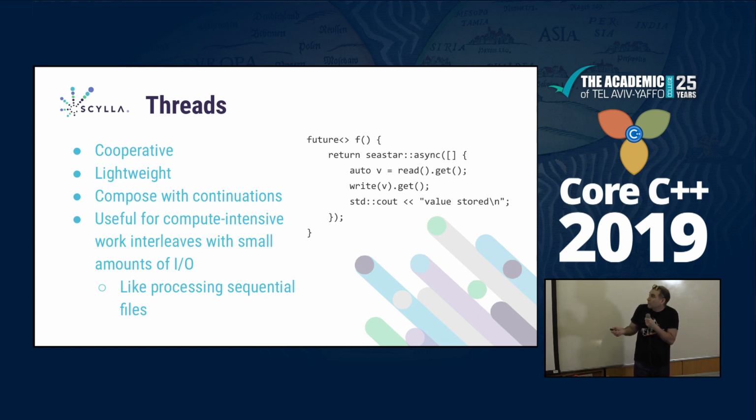And what get will do is pause the thread in case the future is not ready. And once the future becomes ready, the thread will be resumed and it can continue running. And that is very useful for some things. It's very easy for a continuation to launch a thread and wait for it to complete, and also for a thread to launch continuations and wait for them to complete. So it all composes very well.